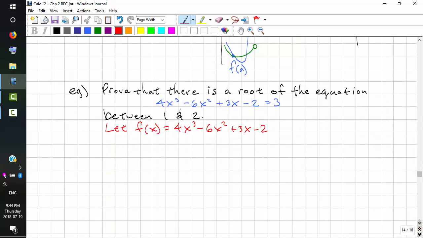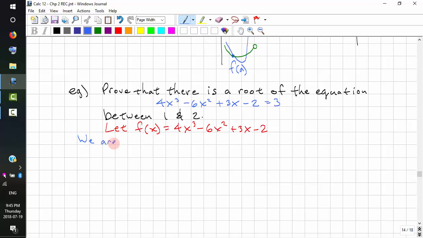Okay, let's look at an example. Prove that there is a root of the equation 4x cubed minus 6x squared plus 3x minus 2 equals 3, and the root is between 1 and 2. So what we do is we let f of x equal this left-hand side.